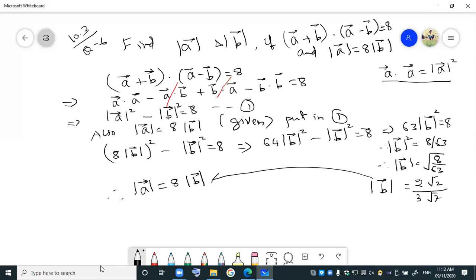We get 8 into 2 by 3 under root 2 by 7, multiply 8 times 2 is 16 by 3 under root 2 by 7. So we got both the values, magnitude of A and magnitude of B.